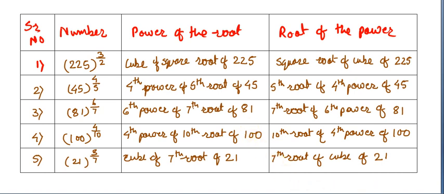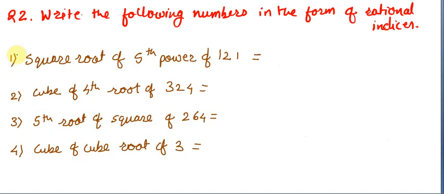Next, we will go for problem number 2. This is problem number 2. Write the following numbers in the form of rational indices. First problem is square root of fifth power of 125. So first is square root.